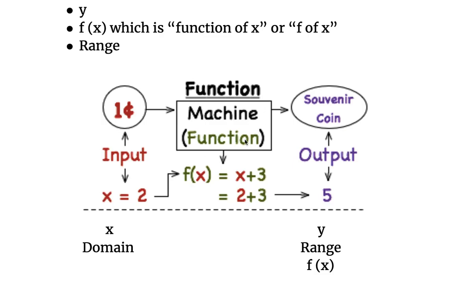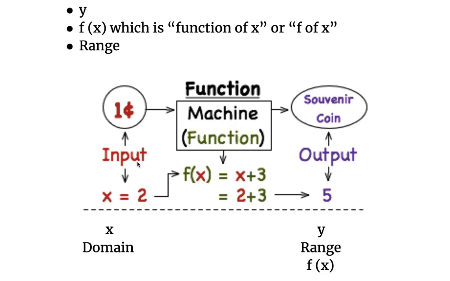The machine has its own function. So it's going to have basically a set of rules, and it's going to take that input and do something with it. And out's going to pop out an output. For the coin machine, it takes the penny as the input, does its thing, presses it, uses the design, and then it's going to output with a souvenir coin.